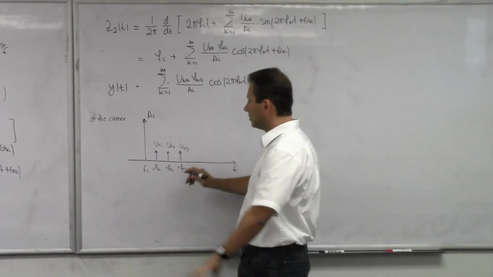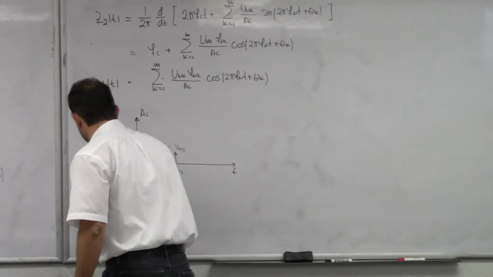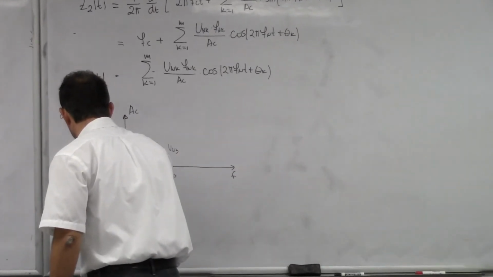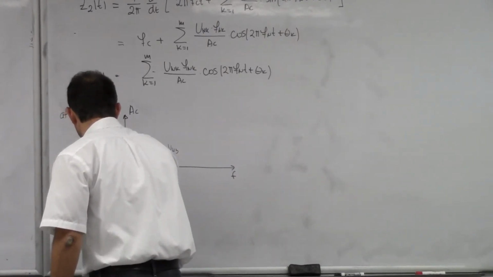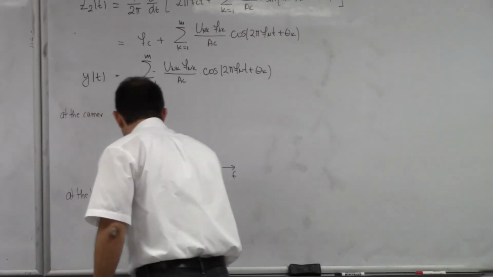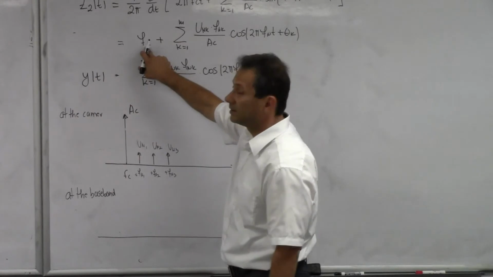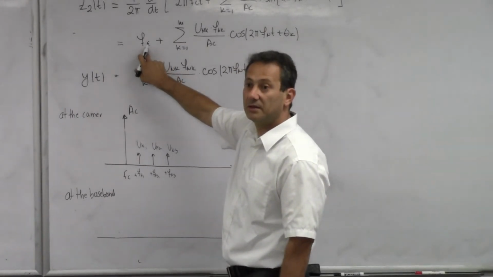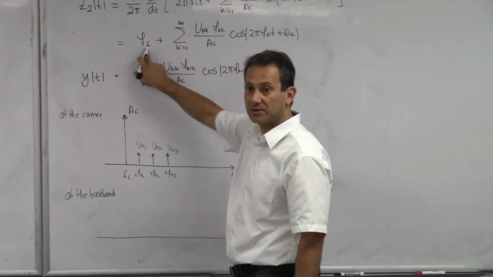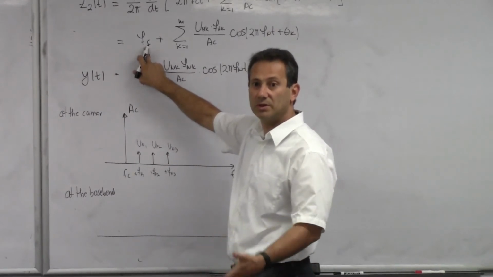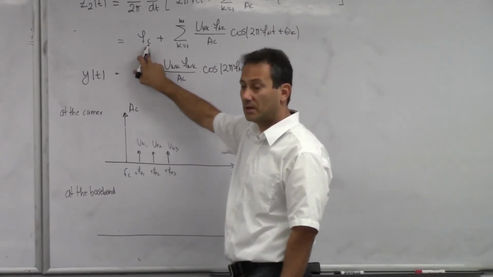Now, if you bring this all the way to the baseband, what happens? The carrier was brought to the origin, right? But it was eliminated by the DC blocking circuit. The carrier contributes to a DC component, so it's gone.